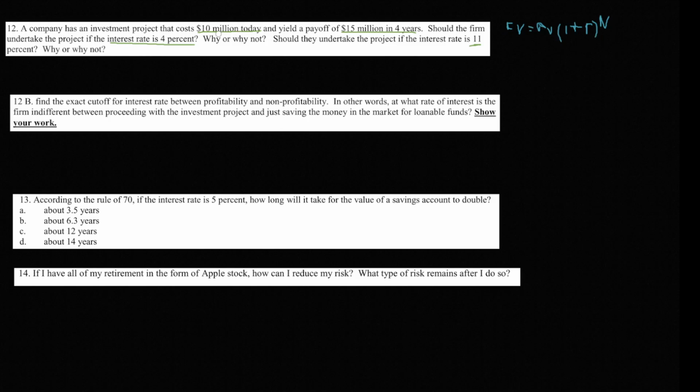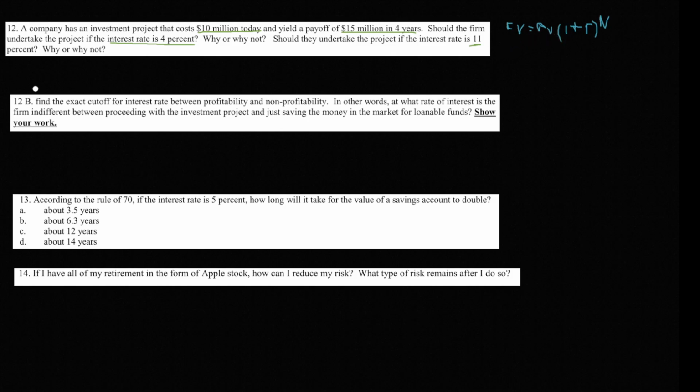Let's see if it's greater than or less than $10 million. If it is less than $10 million, then we should not undertake the project because we would not be able to pay off our debts. And if it's greater, then we should. So let us solve for present value.